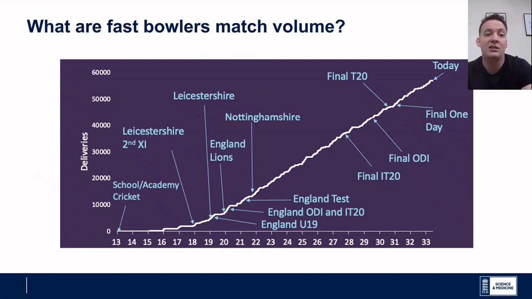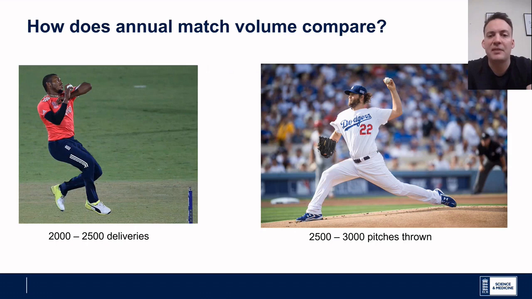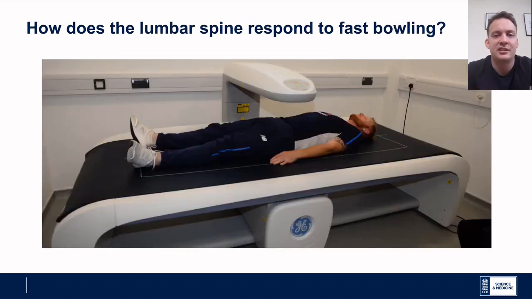So if we were to include training overs and balls into this too, we'd probably be looking at 100,000 deliveries, which is a lot for something which is so high loading. This compares favorably with our cousins in baseball, who throw slightly more pitches in matches per year, but not by very much. So similar volumes between the two activities.